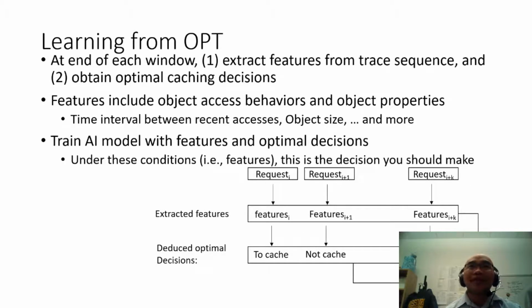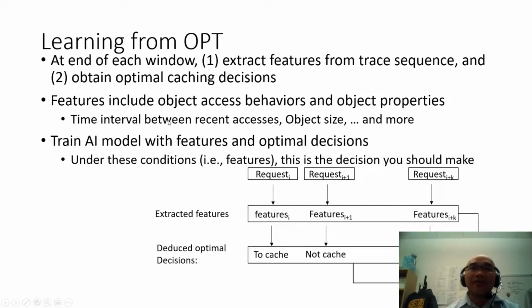The way to do so is that at the end of each window, we extract some features from the request sequence, and we also obtain the optimal caching decision through PFO. So what are the features? Features are the actual object access behaviors and the object properties.